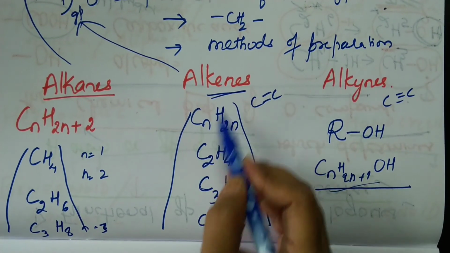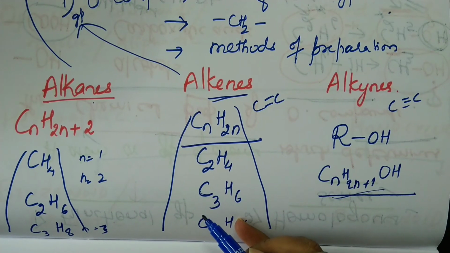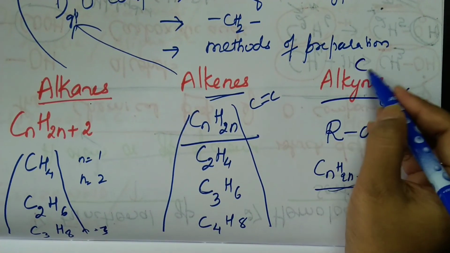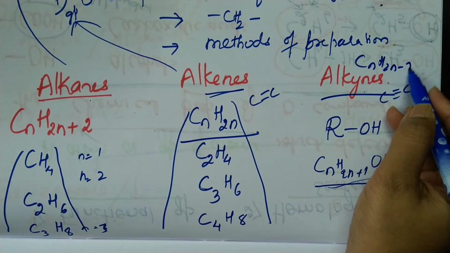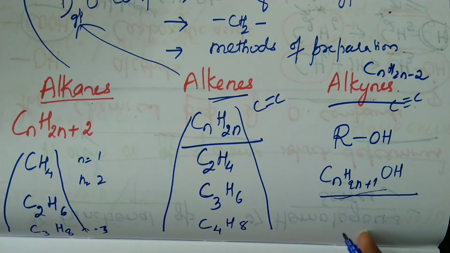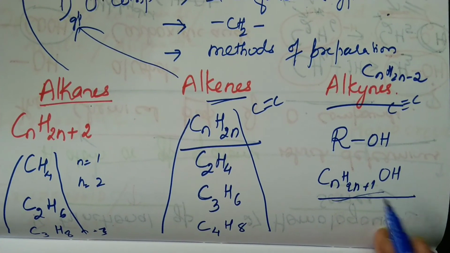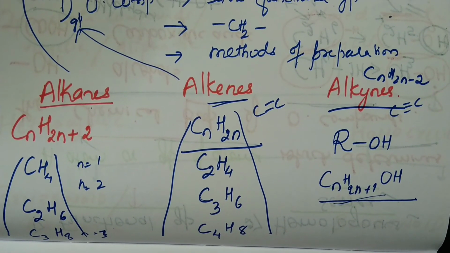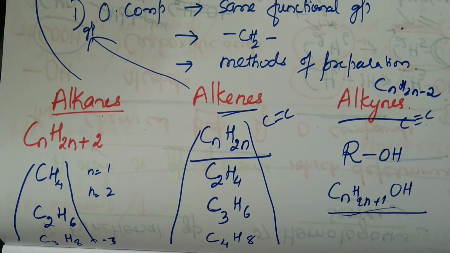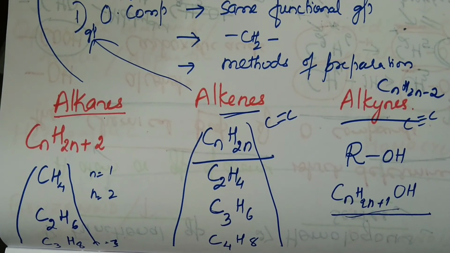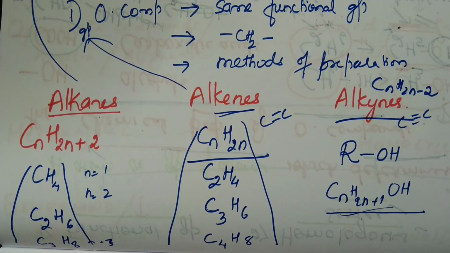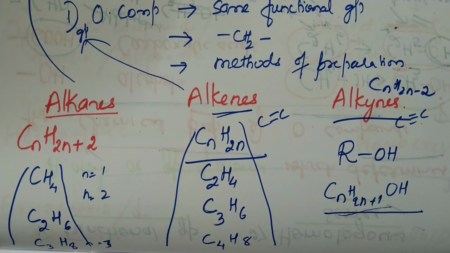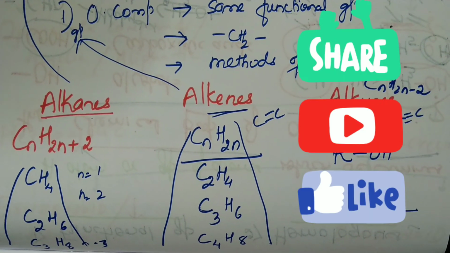What is the address of alkenes? CnH2n. What is the address of alkynes? CnH2n-2. What is the address of alcohols? CnH2n+1OH. So they are homologous series. Birds are one homologous series. Fishes are one homologous series. And all their properties are almost similar. So are our homologous series. Done?